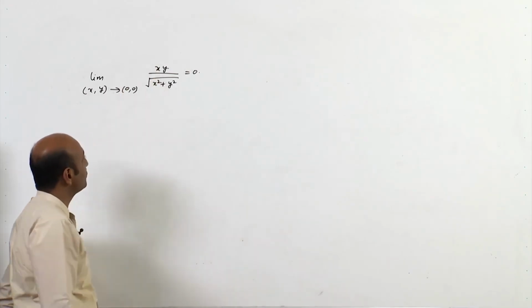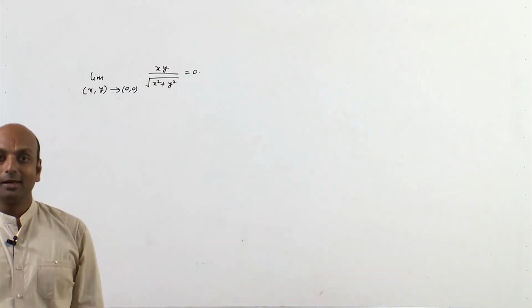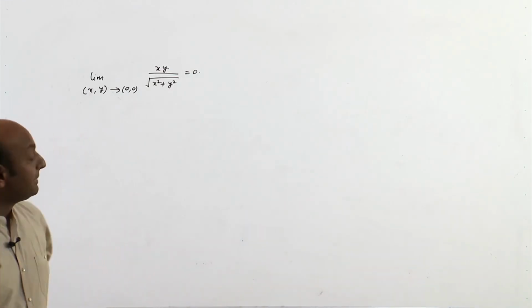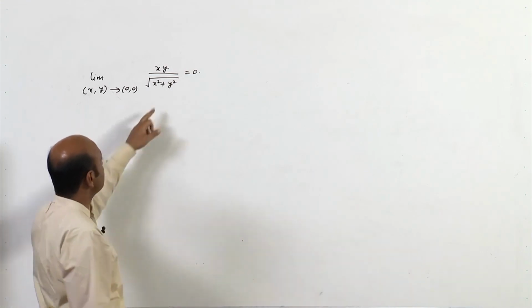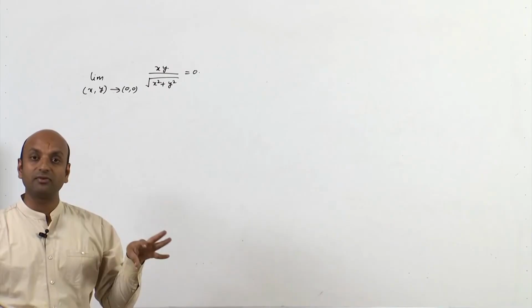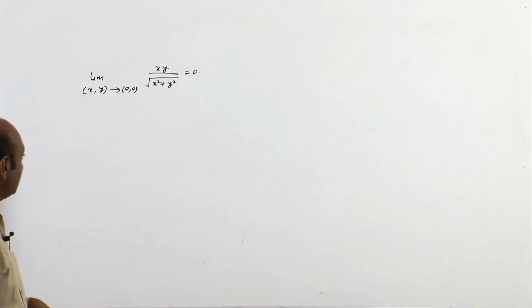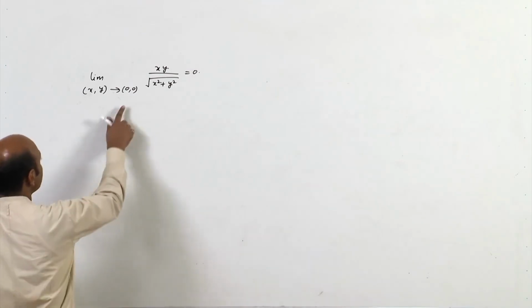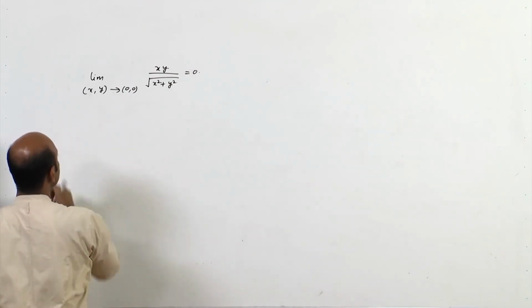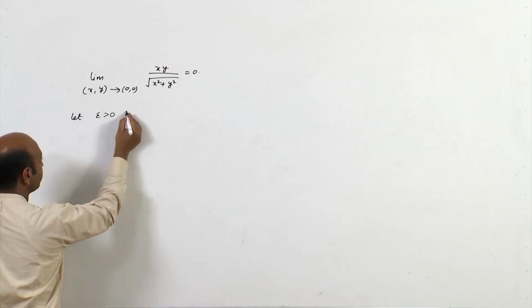So it is very difficult to say whether this limit exists or not. Again, if this limit exists, we have to show this by the delta epsilon definition. That means we have to show the existence of delta corresponding to every epsilon greater than 0. So how can we proceed? We suppose this limit exists and we have to show the existence of this limit. So let epsilon greater than 0 be given.